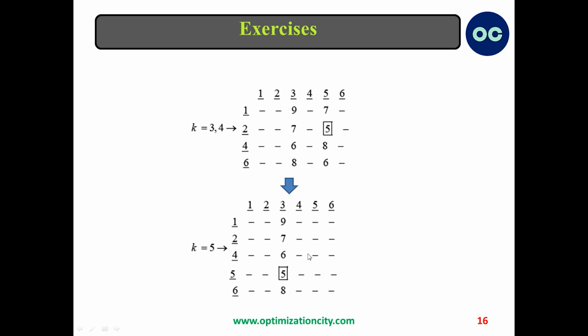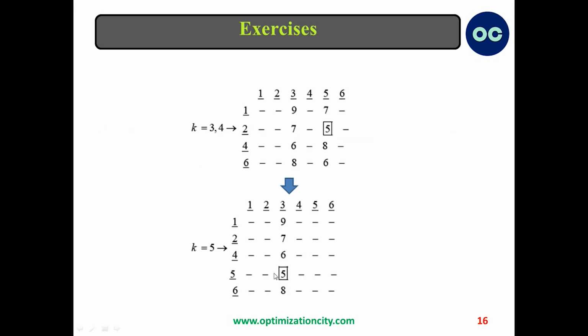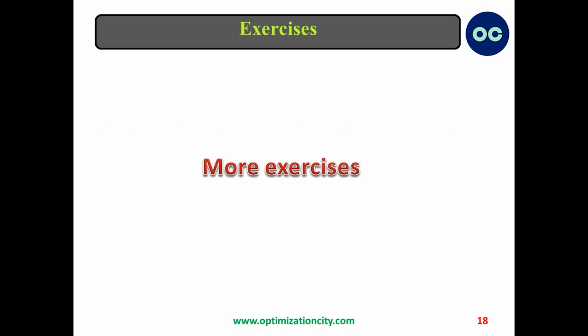This is the final table, and you can see the minimum spanning tree. We have one unique solution here, not multiple solutions like the last example. So this is the minimum spanning tree for the problem, and the length of the minimum spanning tree is equal to 20.